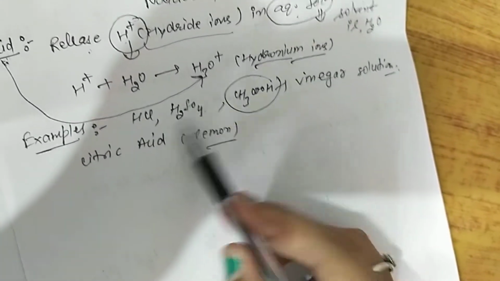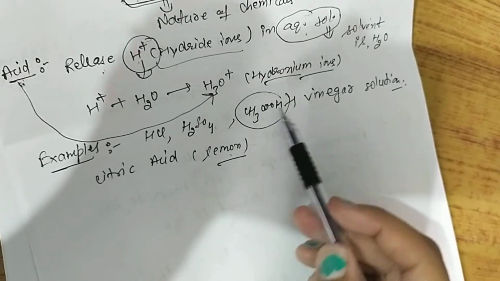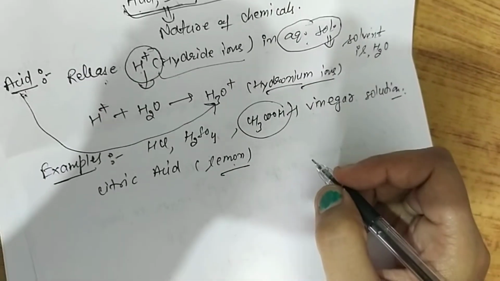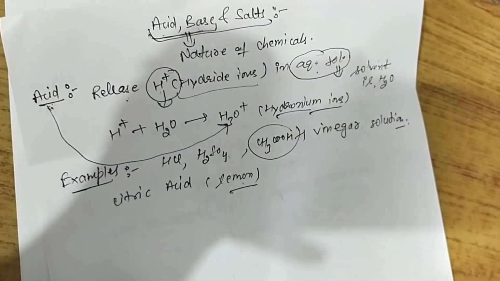All these are examples of an acid. All these substances release H positive ions in aqueous solution. So these are considered as acids.